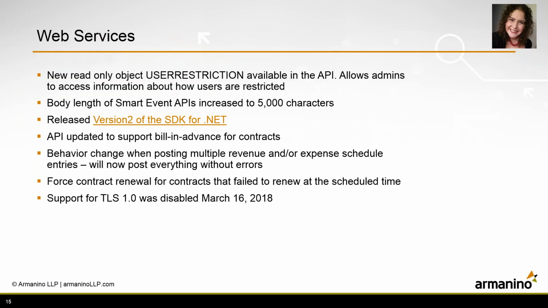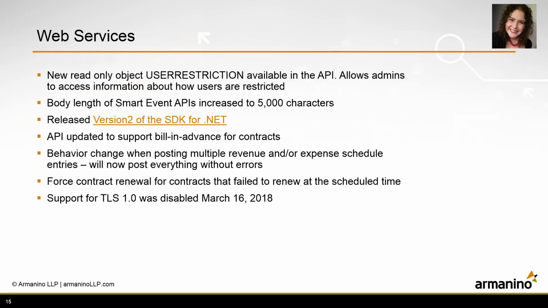So this is great when you're under audit and also having to retrieve that information to either set up or edit existing users. Another big enhancement is the body length of Smart Event APIs has been increased to 5,000 characters. Previously, the limit was 500 characters, so this is a big enhancement and will allow you to do more sophisticated smart events if the need arises.